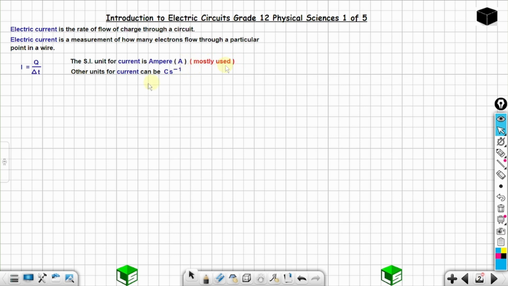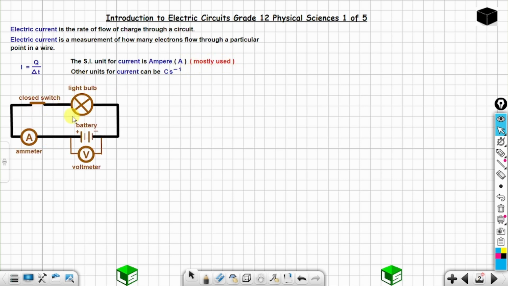With this circuit, when you have a closed switch, you have a complete circuit.